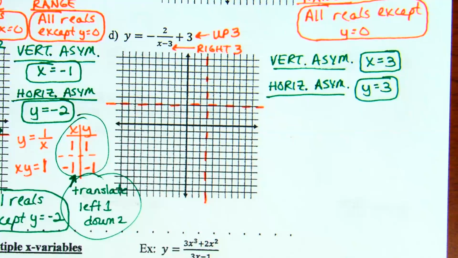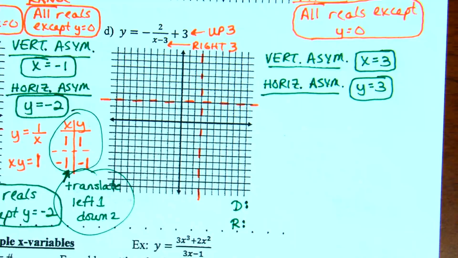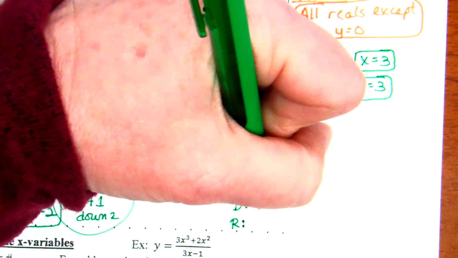Could we go ahead and get domain and range done? Domain. My graph extends infinitely left and right, so all reals except, what's the one X value we can't have? X equals 3.